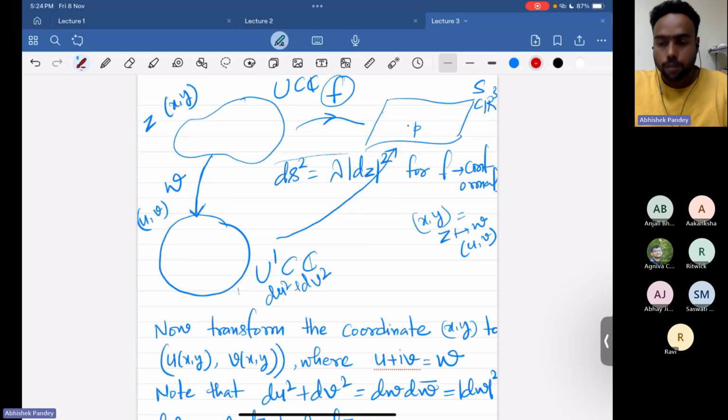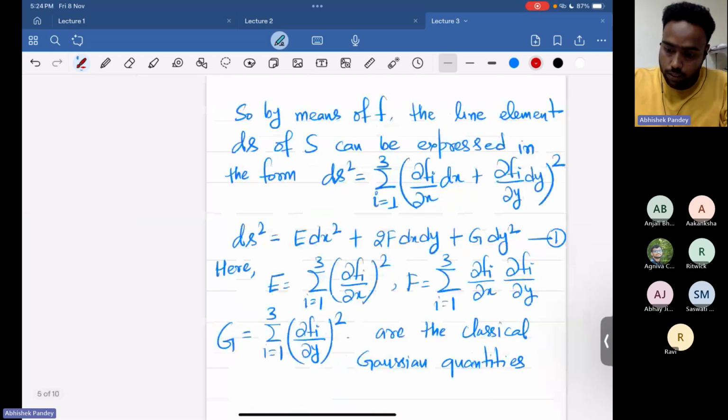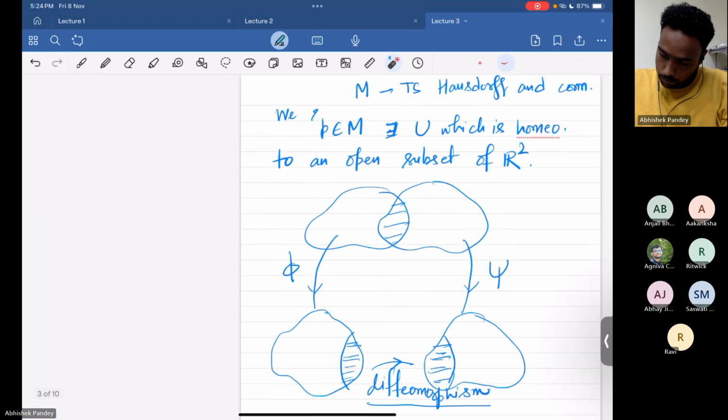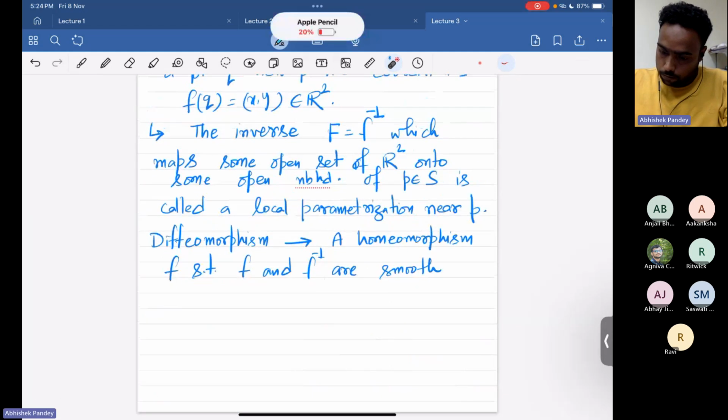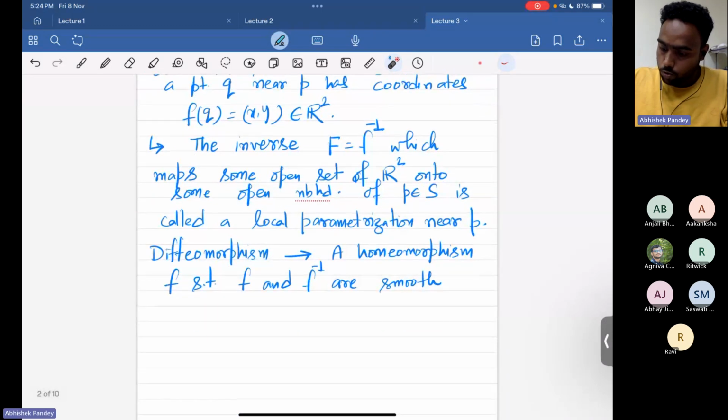I'm assuming smoothness, by which I mean this smooth structure. By a smooth transition law, f and f inverse, I mean that all the partial derivatives of all order exist.